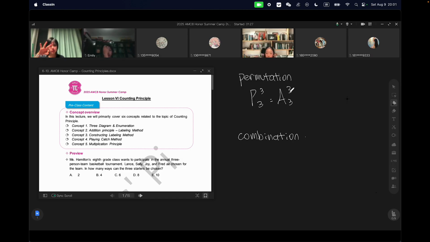Since there are 3 people, there's going to be 3 here and 3 on top. So that would just be the factorial, which is 3 times 2 times 1. But usually we don't go through something that's complicated. We can just use this factorial, and I'll go through that later during the multiplication principle concept.